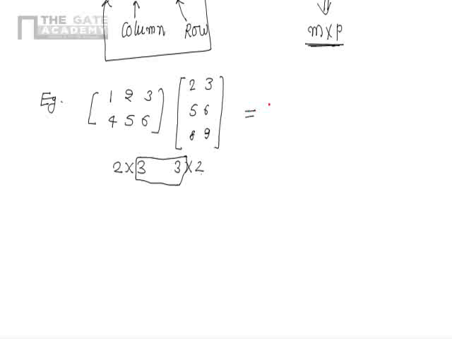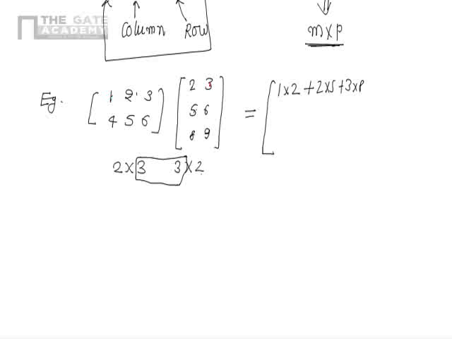How to multiply, we already know. The first element will be multiplied by this, so 1 into 2, and the second element of the first row will be multiplied by the first column of this matrix, so corresponding elements, 2 into 5 plus 3 into 8, and so on. We can do the remaining part.